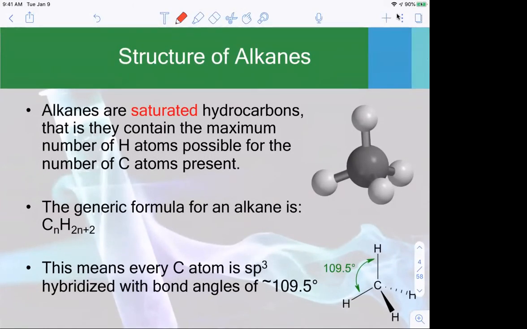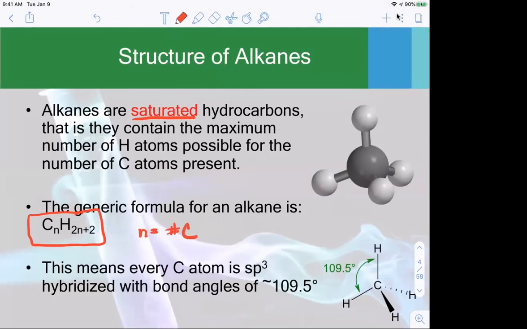So alkanes are saturated hydrocarbons. They contain the maximum number of hydrogen atoms possible for the number of carbon atoms present. There is actually a generic formula for an alkane, which is CnH2n+2. The n is the number of carbons.